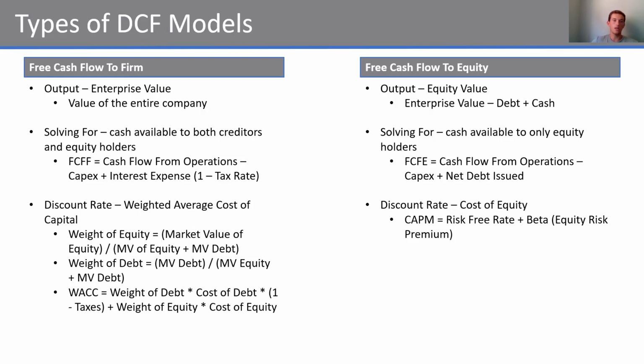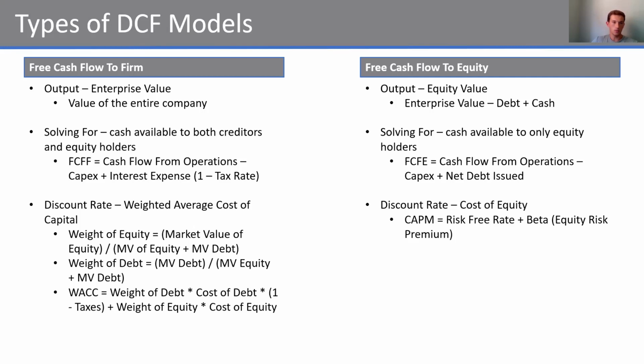The weight of the equity is the market value of the equity. Remember that it's the market value of the equity, not the shareholders' equity on the balance sheet. So it's the market value of the equity divided by the market value of the equity plus the market value of debt. MV means market value. And again, that's market value of debt, not the balance sheet balance of the debt.